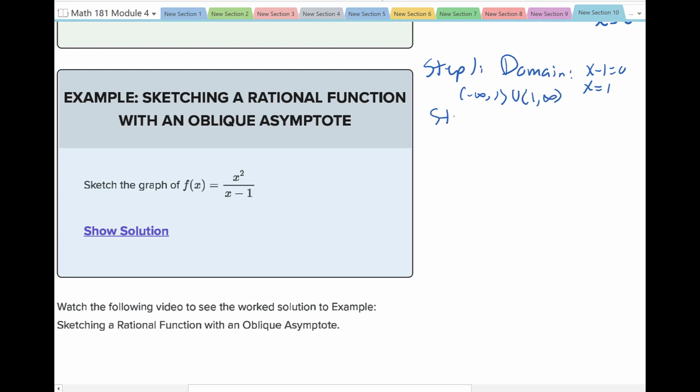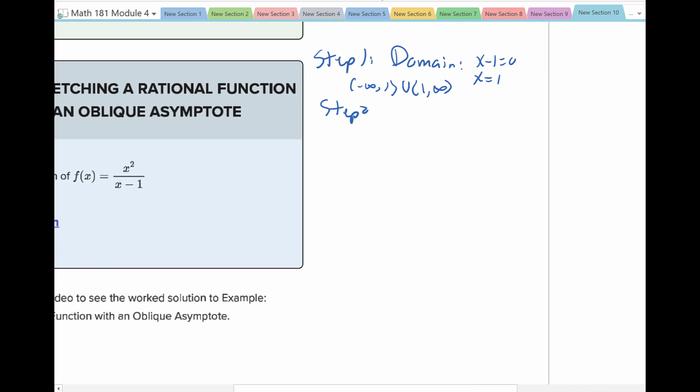Step 2, we have our intercepts. So the y-intercept occurs whenever x is 0. So f of 0 is going to be 0 squared over 0 minus 1, which is 0. So that means it's 0, 0, it's the intercept.